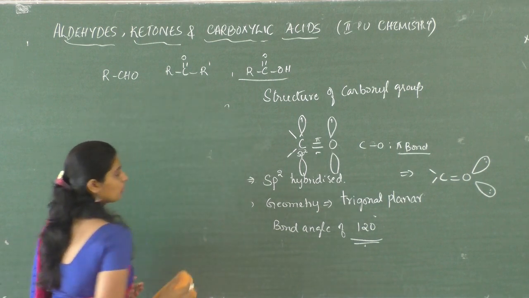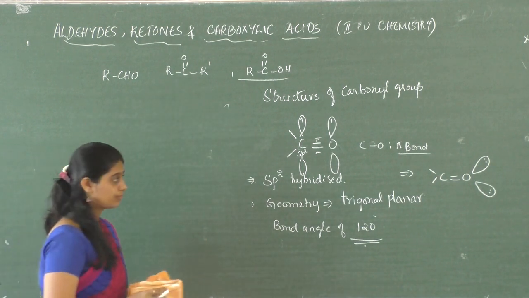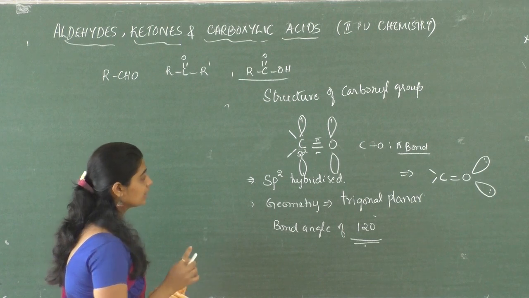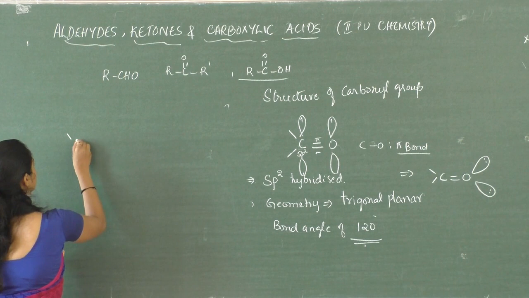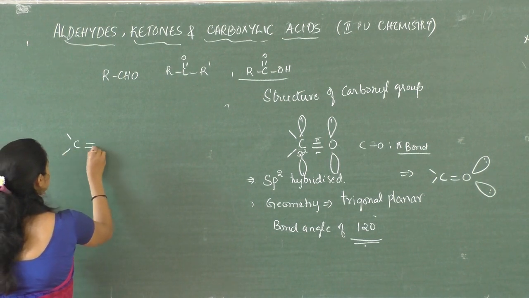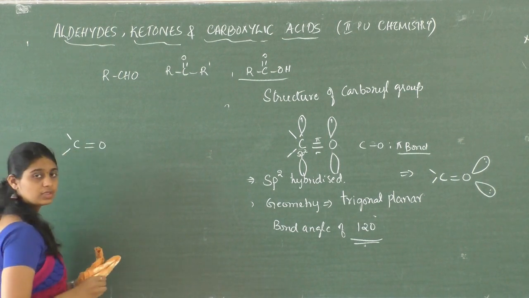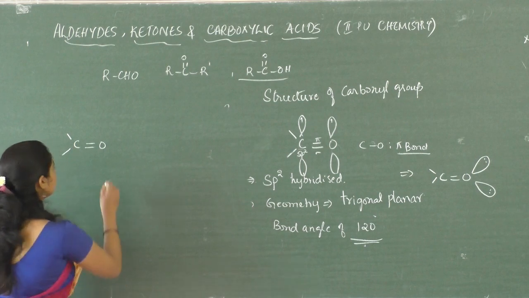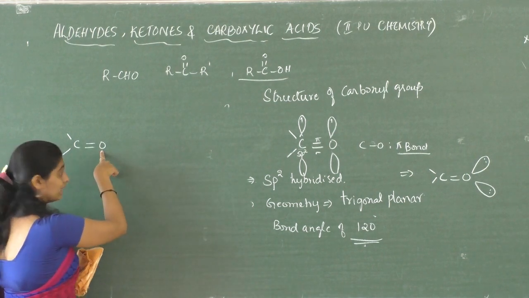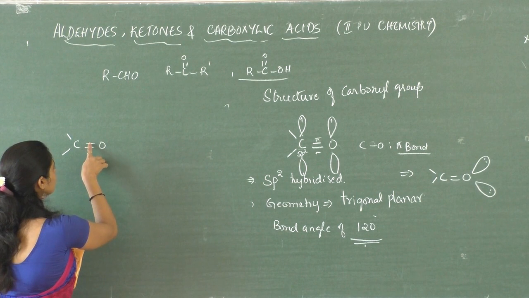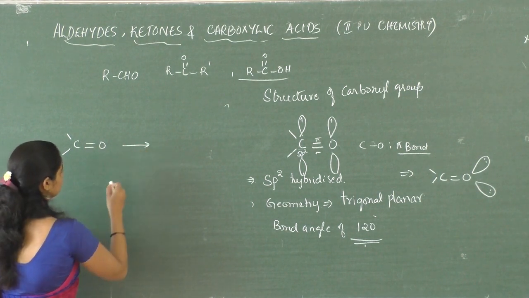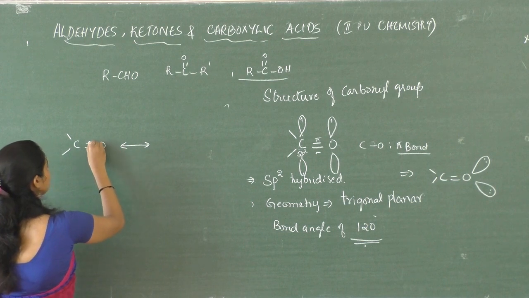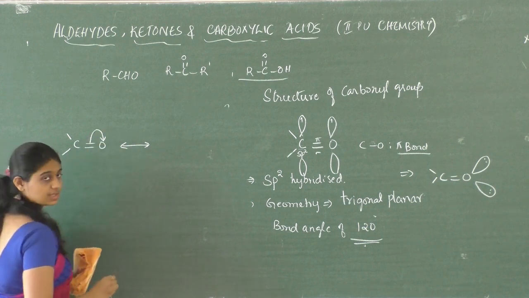So what about the polarity of this carbonyl group? It is a dipolar molecule. Since oxygen is more electronegative, it tends to attract the pi electron cloud onto itself. So the pi electrons get shifted onto the oxygen atom.